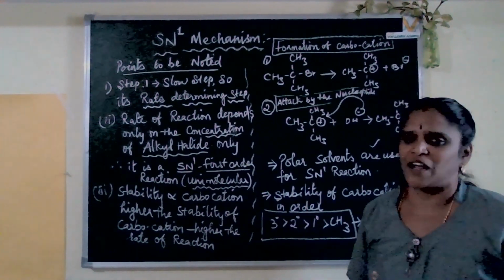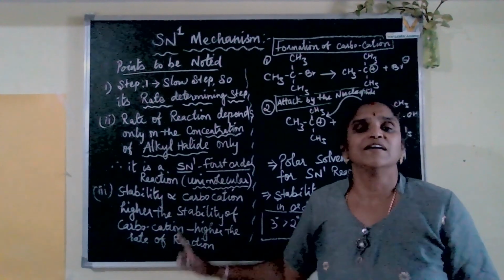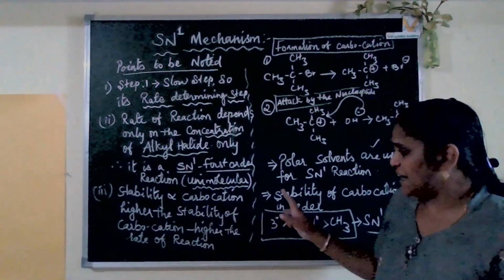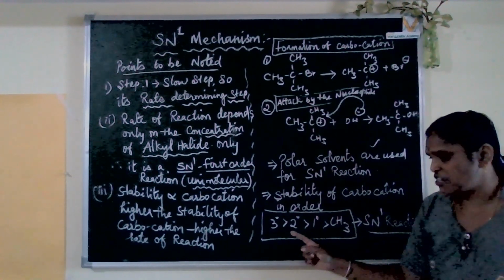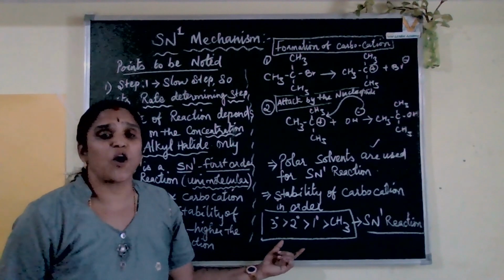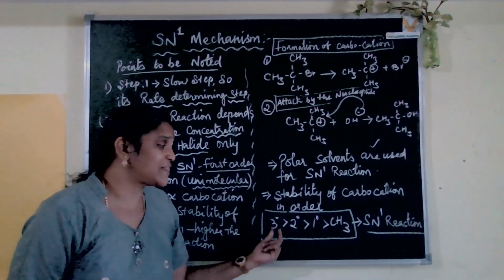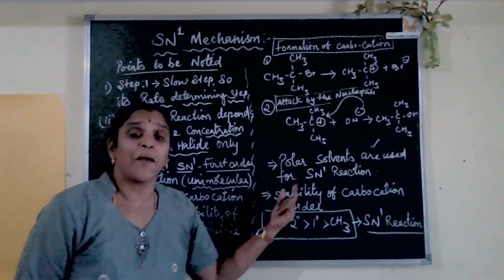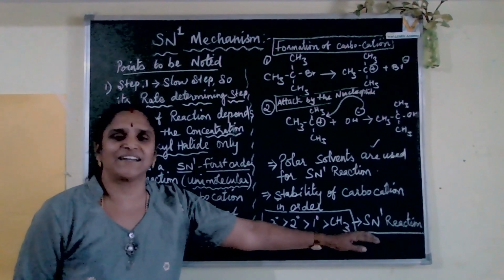The next one, the stability of the carbocation is in the order tertiary, secondary, primary and methyl. Just the opposite of the SN2 reaction. In SN2 reaction, the order is methyl, primary, secondary, tertiary. But here tertiary, secondary, primary and methyl. So that is the reason.